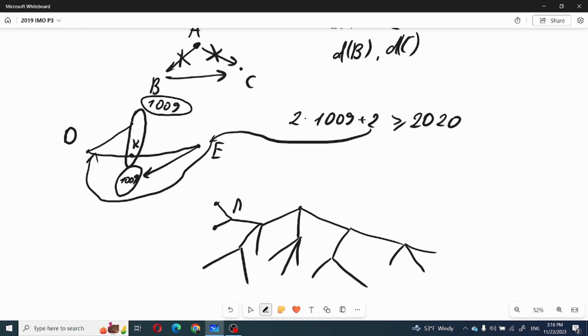Call these points A, B and C. A is connected to B and A is connected to C. We can make the operation, and B and C will be connected to each other, and these two bonds will be cut. A is no longer connected to C or B after this operation.